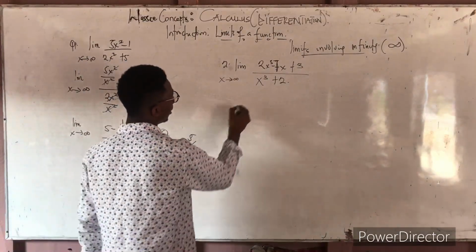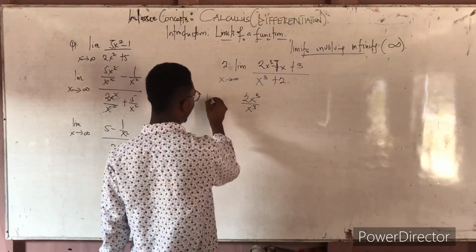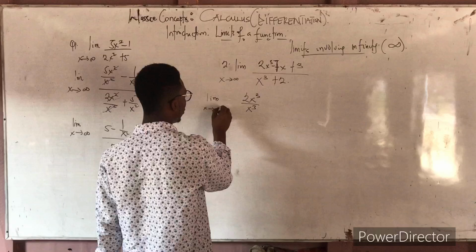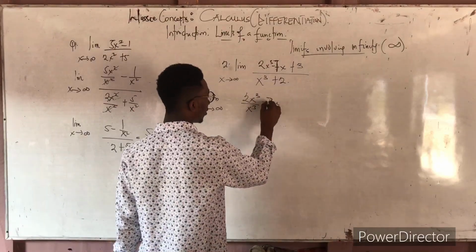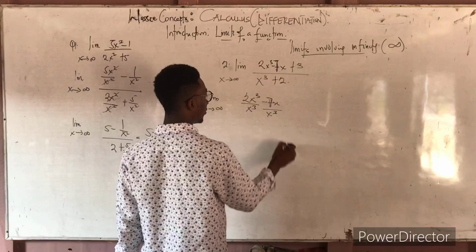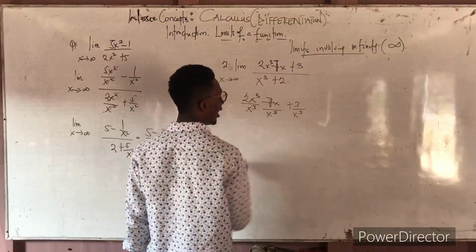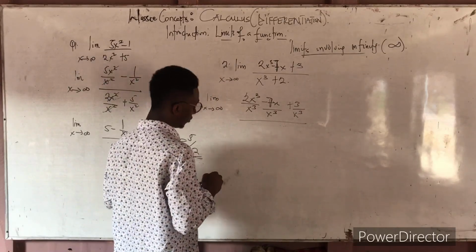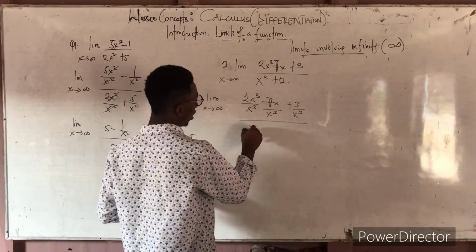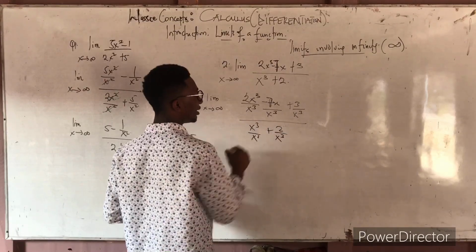How do you go about it? So we divide each term by x cubed: the limit as x approaches infinity of 2x cubed divided by x cubed minus 7x divided by x cubed plus 3 divided by x cubed, all divided by x cubed divided by x cubed plus 2 divided by x cubed.